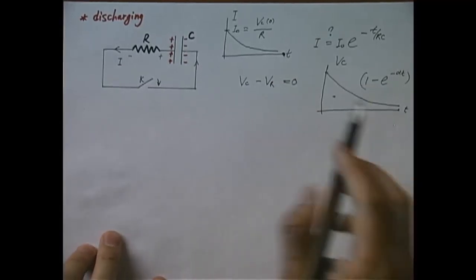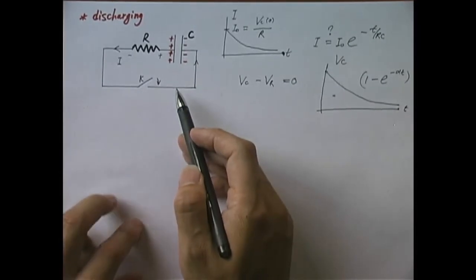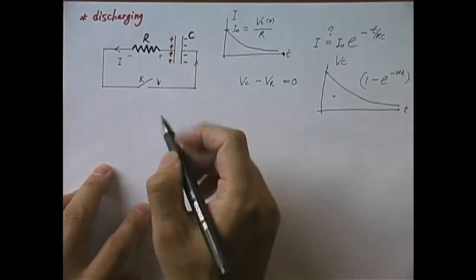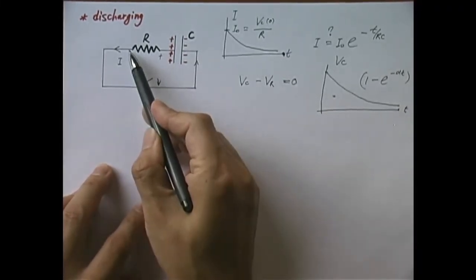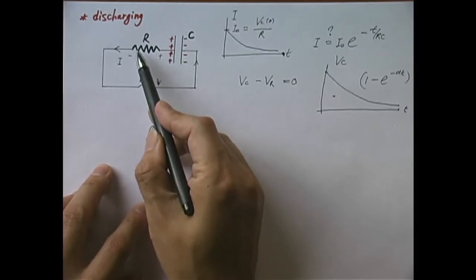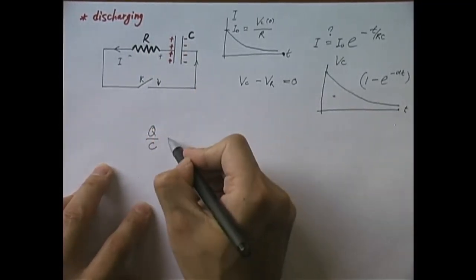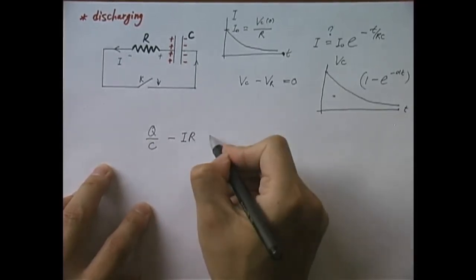To make sure these are actually correct, we can apply Kirchhoff's rule again. So from here to there, it's VC, which is Q over C, and from here to there, the current flows this way, so the voltage drops by IR, I times R, and that should be 0.